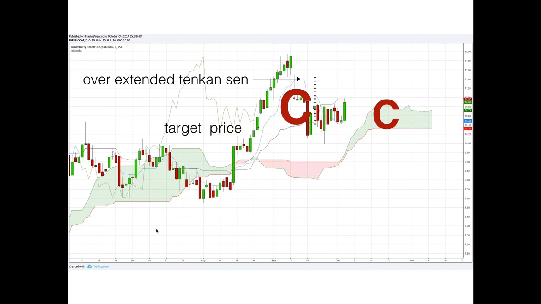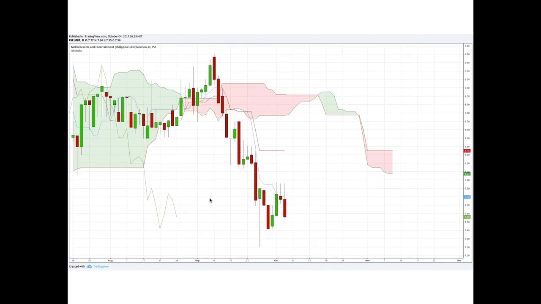Then it bounced back afterwards. After this bounce, it ranged between Tenkan and Kijun. It's like a small C too. This pattern overextended this bounce here, so it might go down again. It's just going to range until it breaks above either one of those lines or below.